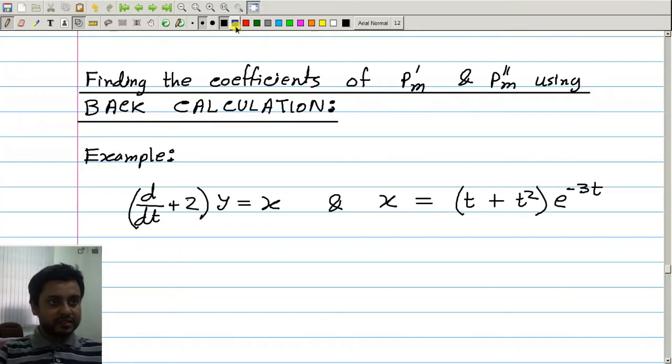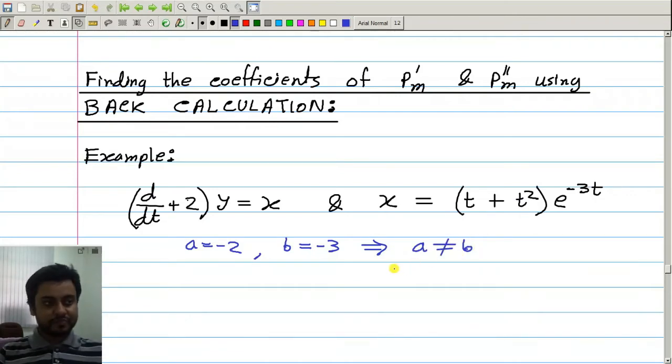That means we have a is equal to minus 2 here and b is equal to minus 3, which means a and b are not equal.